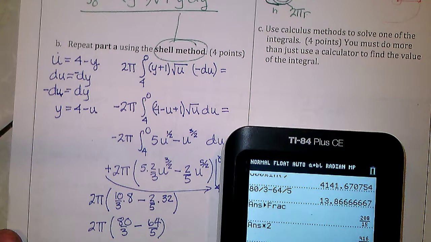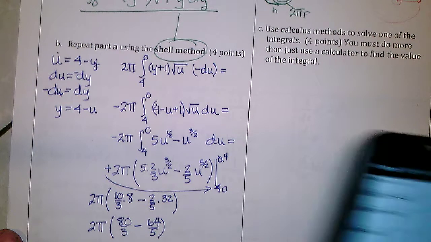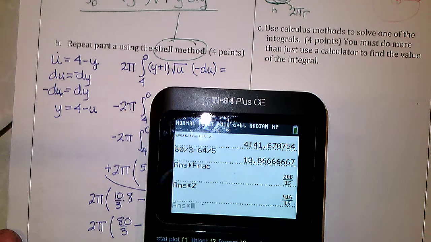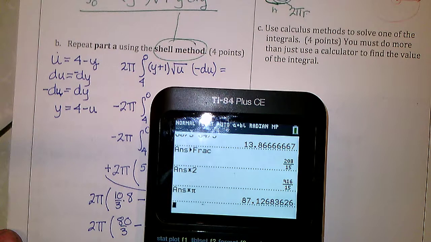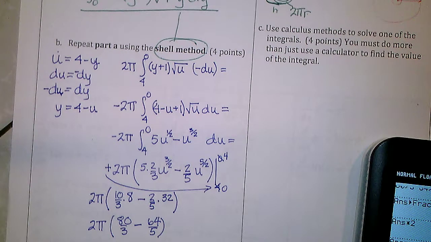But so I have 416/15 pi, which is 87.12. Let me see what I had here before. I had slightly different.